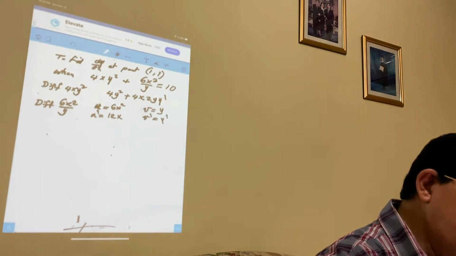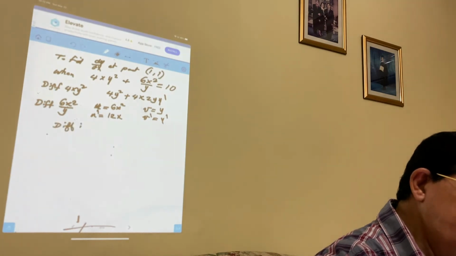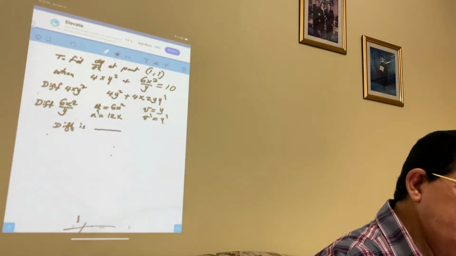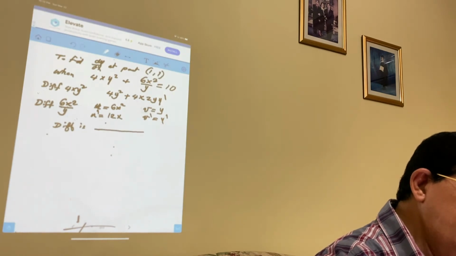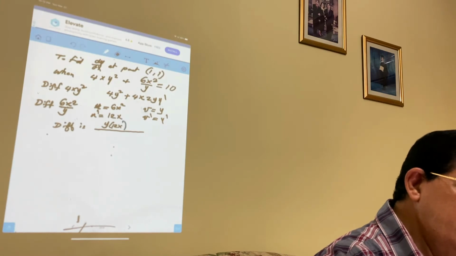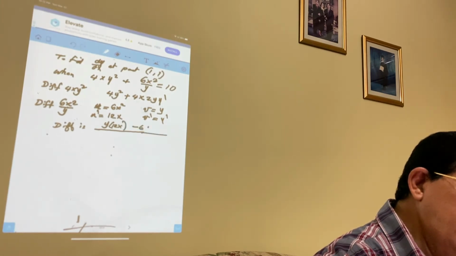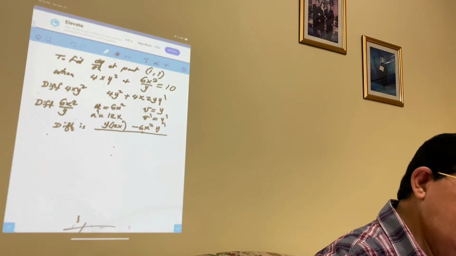Then the differentiation is v is y times u dash is 12x minus u is 6x squared times v dash, which is y dash, over the denominator y squared.